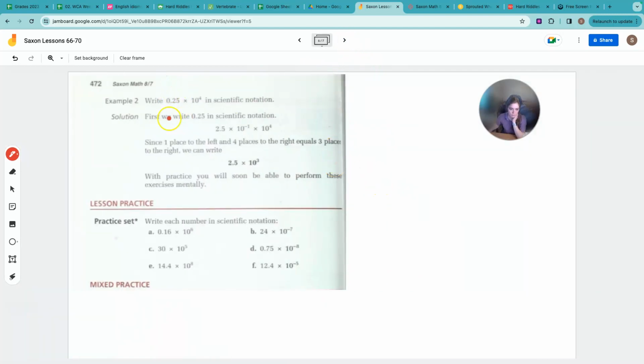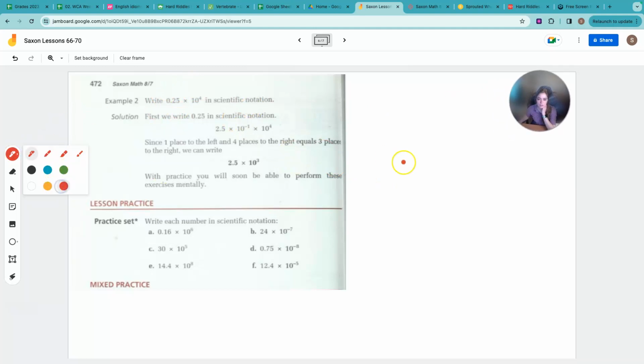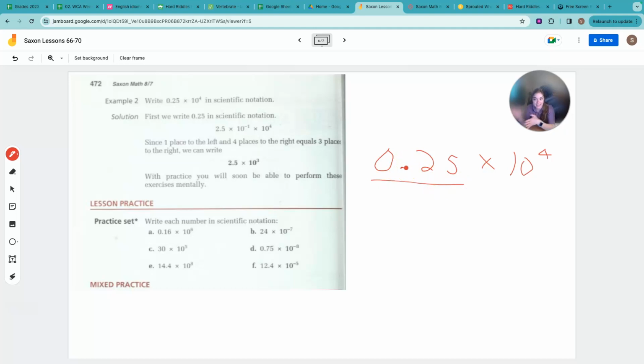Example 2. Write 0.25 times 10 to the fourth in scientific notation. Now, for this one, remember that the reason we're going to change this is because the decimal point is not, in this situation, to the right of the first number that is not 0. So we would move it over once here.